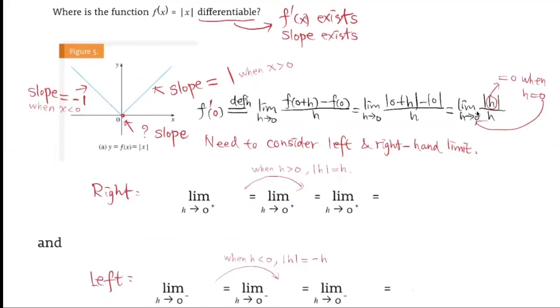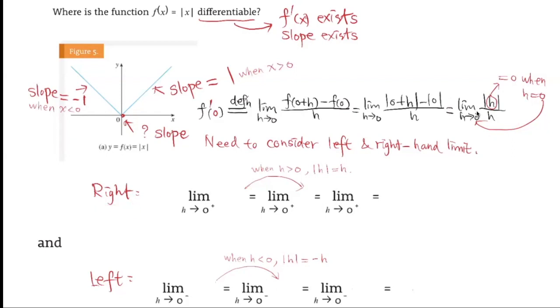Now notice that absolute value of h is equal to 0 when h equals 0, which is exactly at this number over here. So we need to consider the left and the right hand limit in order to find this two-sided limit. Let's look at the right hand limit.